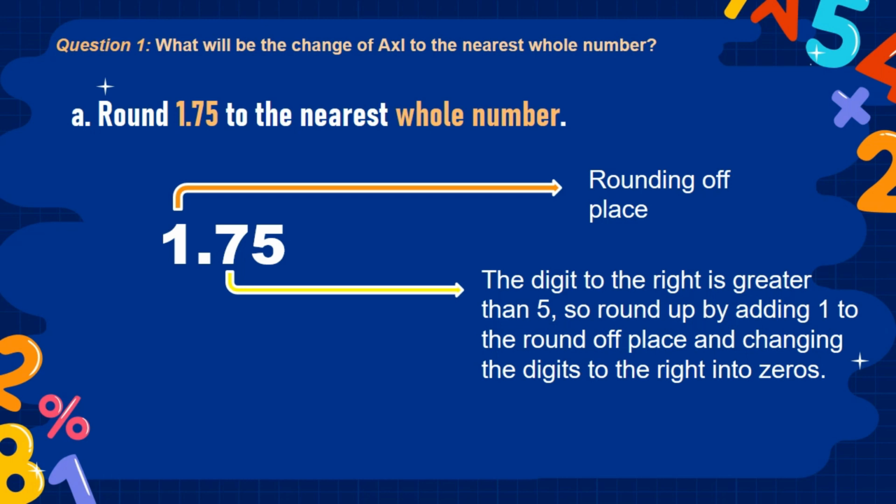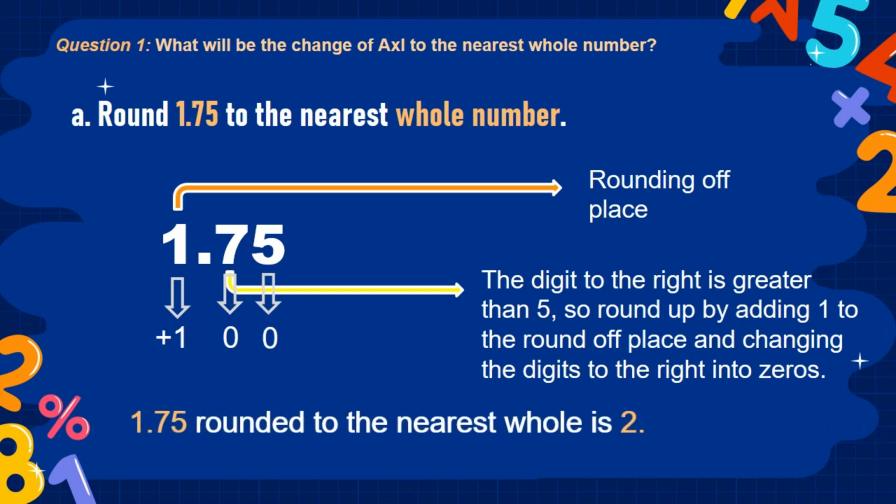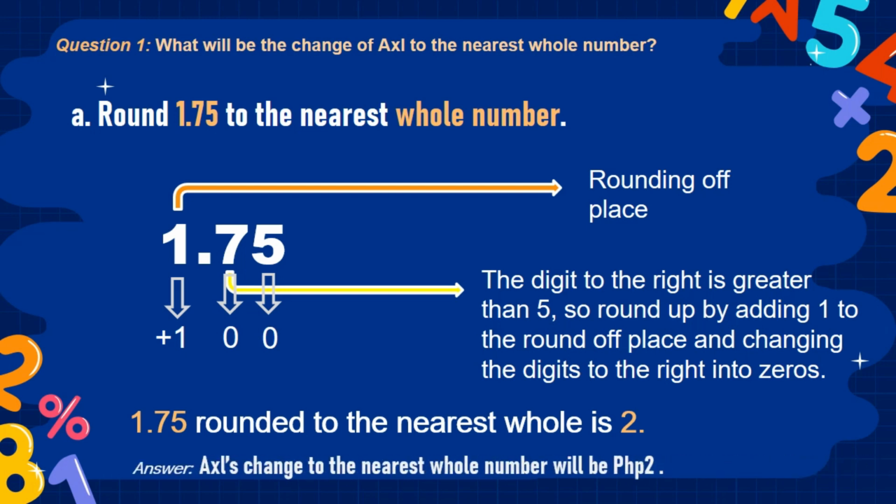So round up by adding 1 to the round off place and changing the digits to the right into zeros. One and 75 hundredths rounded to the nearest whole is 2. Axel's change to the nearest whole number will be 2 pesos.